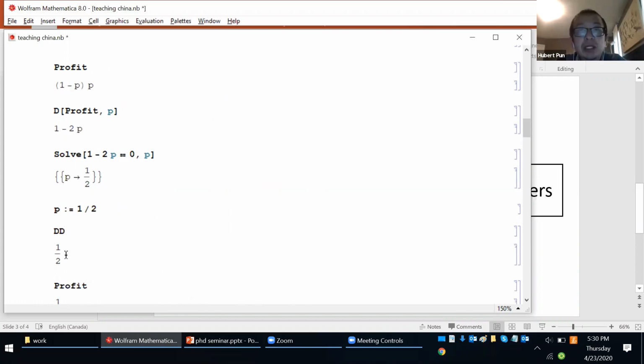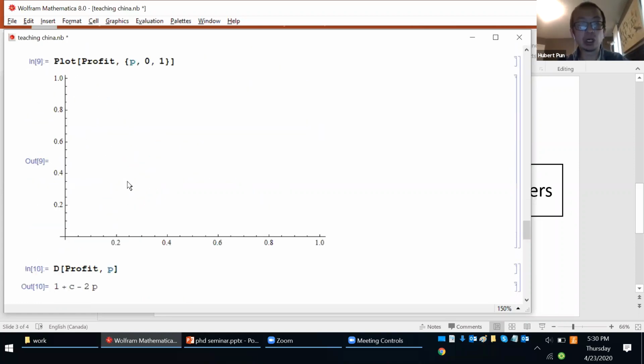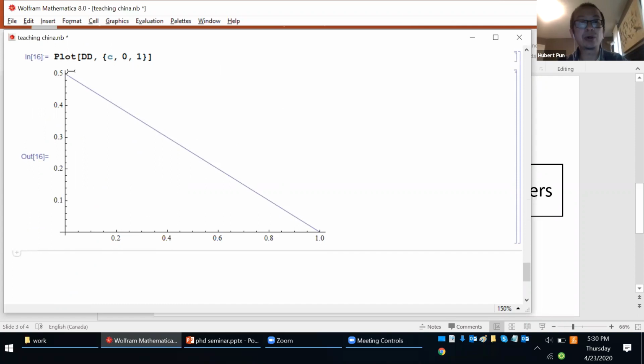So that means when the production cost is 0, we would set price equals 0.5, which leads to the optimal demand equals 0.5. So this is what this point means when cost equals 0. Remember the x-axis is C. So when cost equals 0, the optimal demand equals 0.5.